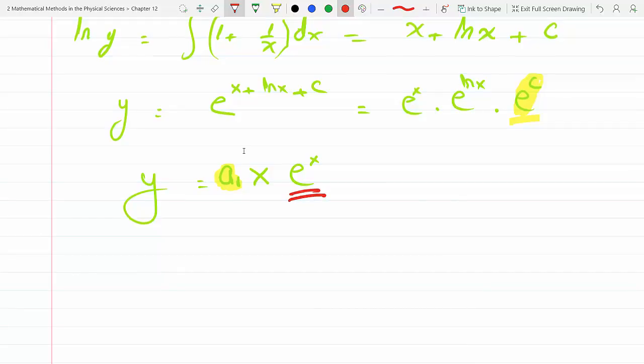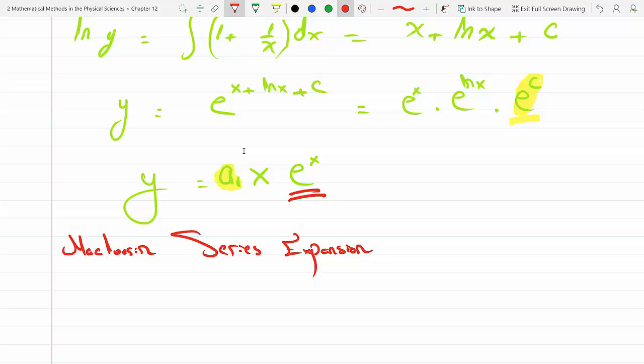If I were to do a Maclaurin series expansion for e to the x, I'm not going to do this in steps because I do have separate videos on how to deal with Taylor series and Maclaurin series, but I will go ahead and write the final answer for what that is for e to the x.